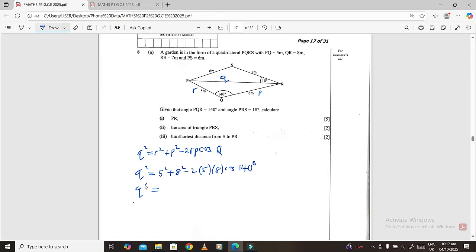So q squared is equal to 25 plus 64, since 8 squared is 64, minus 80 cos 140, because 2 times 5 times 8 gives us 80. So q squared is equal to 89 minus 80 cos 140 degrees.